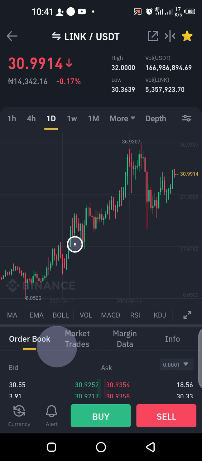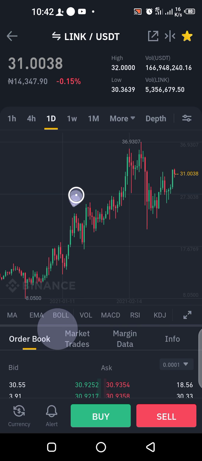Let me explain again. Now, in a strong uptrend like this, you have this place as the support level, you have this place as the resistance level, and you have this place as the support level. Since the price was rejected here, it moved up again and broke this resistance level. Now another resistance was formed here.